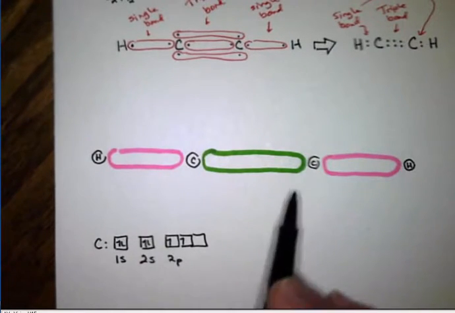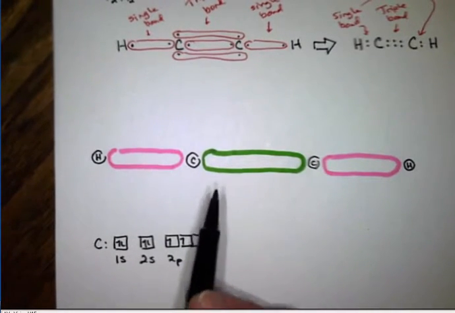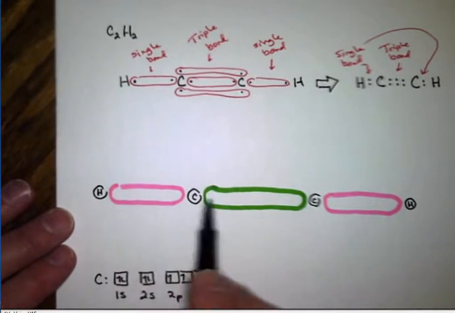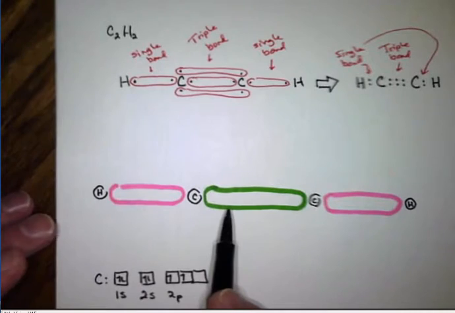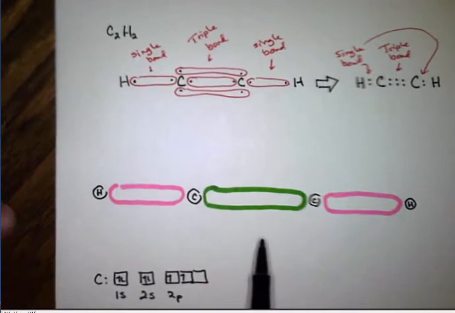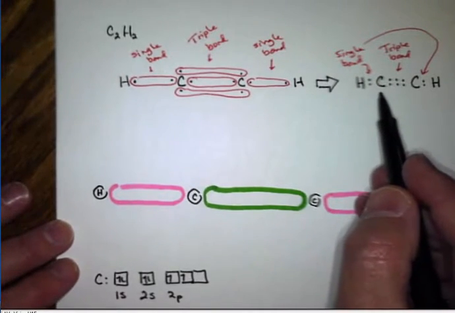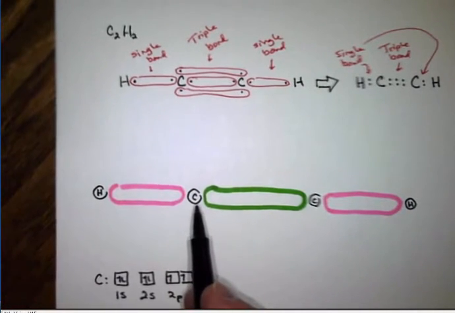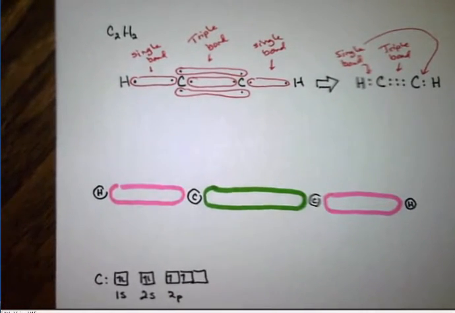For each of these carbons, we're only going to have 2 hybridized orbitals. Remember, sigma bonds come from hybridized orbitals. Lone pairs come from hybridized orbitals, but we don't have any lone pairs on the carbon. So we're only going to have 2 sigma bonds, so we're only going to hybridize 2 orbitals. Okay?